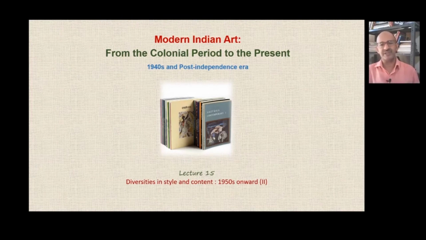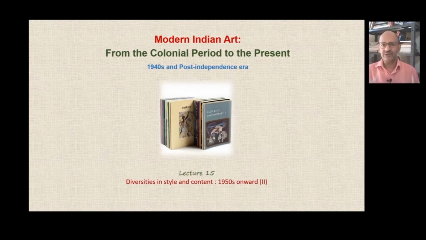We have also said that the absence of one or two strong dominant ideologies gave way to multiple views, ideas, approaches and also ideologies developed by individual artists.